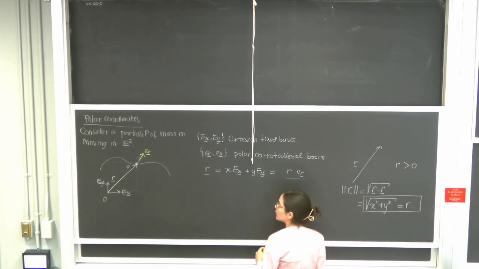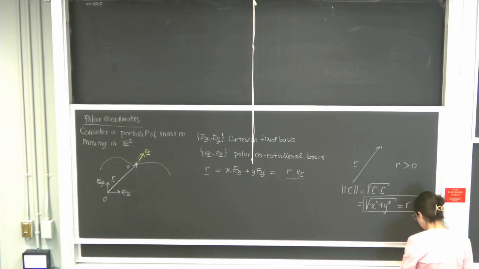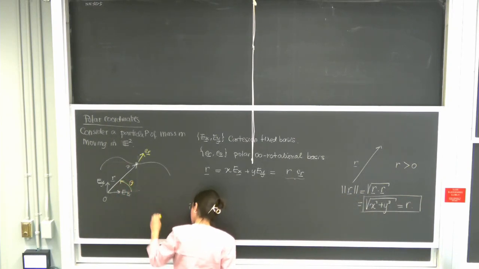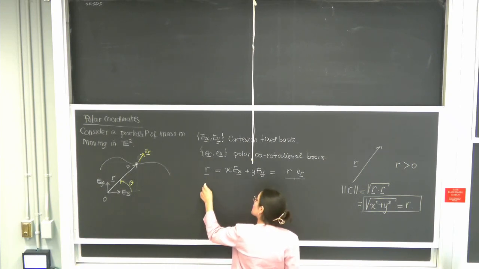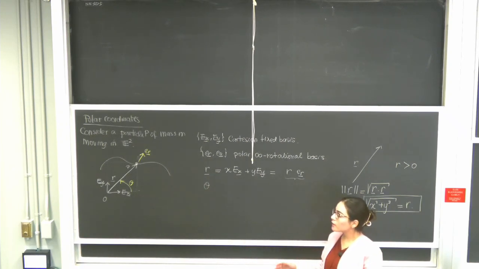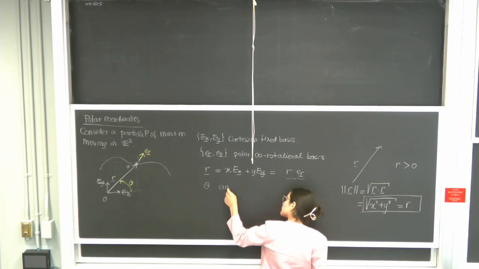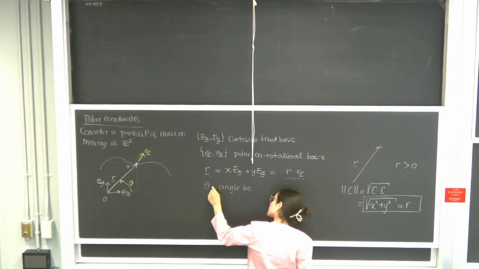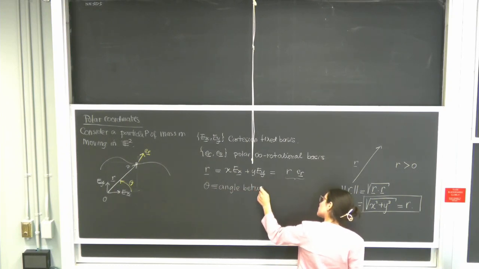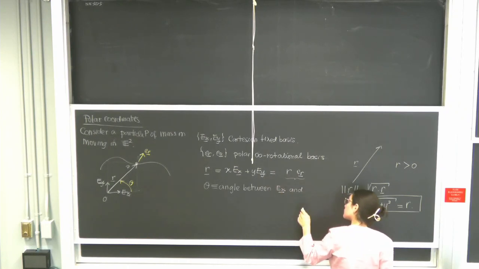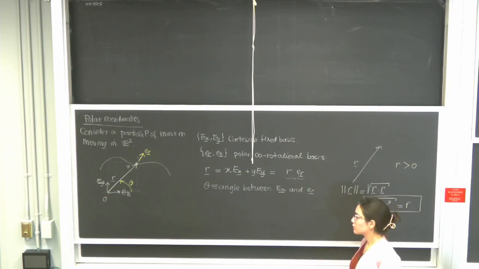Okay. The next thing I'll do is define the angle theta. Theta is an angle from Ex to R measured positive counterclockwise. So it's positive counterclockwise.